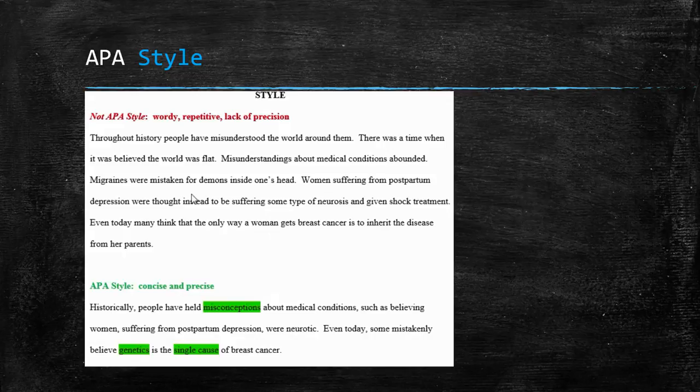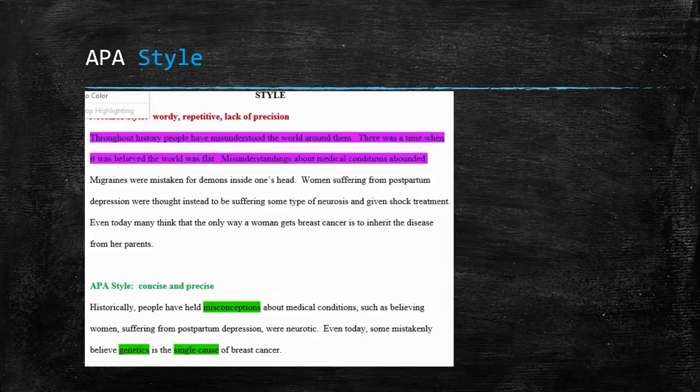Now, that whole section here, let's highlight it. This whole section here is replaced by actually just half of one sentence. Historically, people have held misconceptions about medical conditions. So that right there, part of one sentence, took care of all of this here.